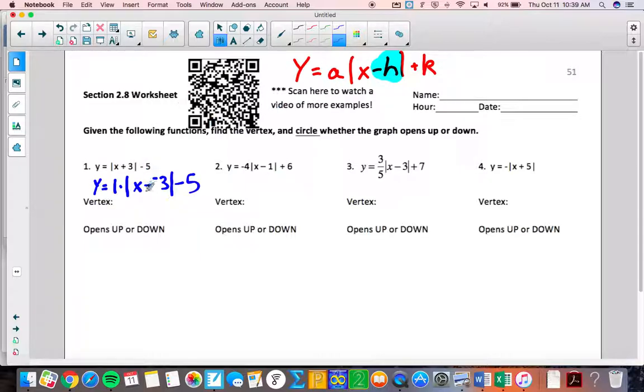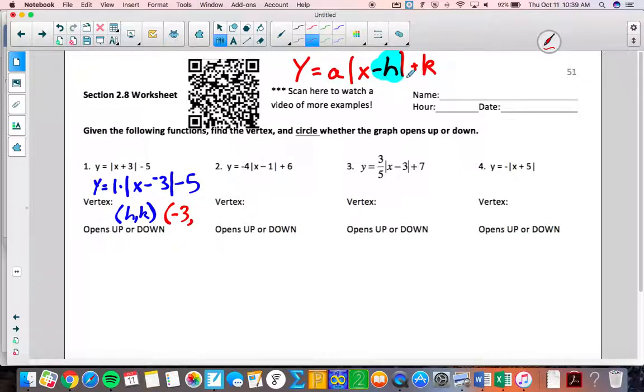So the vertex occurs at h comma k. So what value is in the h position? What value is being subtracted from the x? A negative 3 is being subtracted. See, if we do this weird step right here, it tells us what's being subtracted from x. Negative 3 is being subtracted from x, so that's the x value of my vertex.